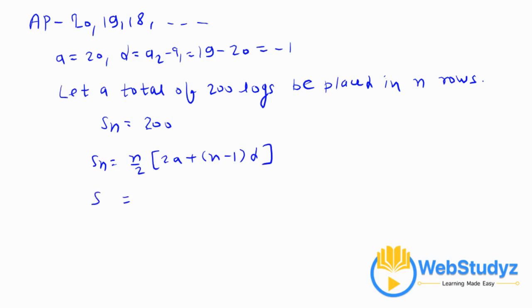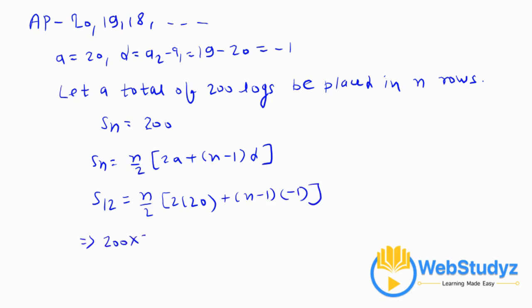if we write Sn, Sn will be n by 2 into 2 into 20 plus n minus 1 into minus 1. As we know, Sn is 200.